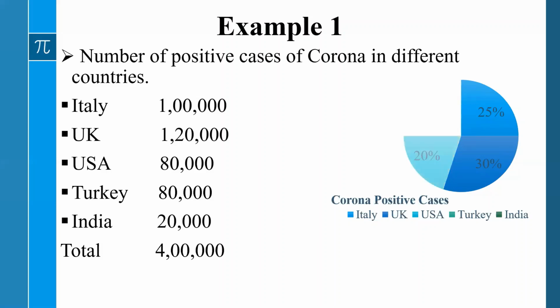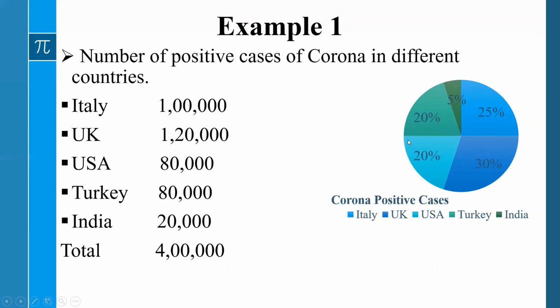Next, for USA and Turkey, it is 20%. And for India, it is 5%. So here you can see each sector of the circle is representing a single country. So this way of representation of data is called a pie diagram or a pie chart.